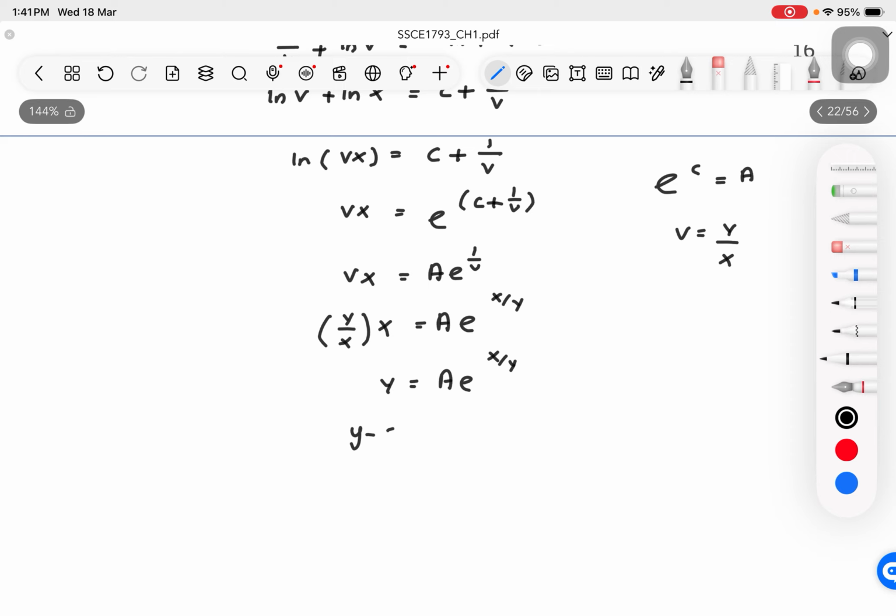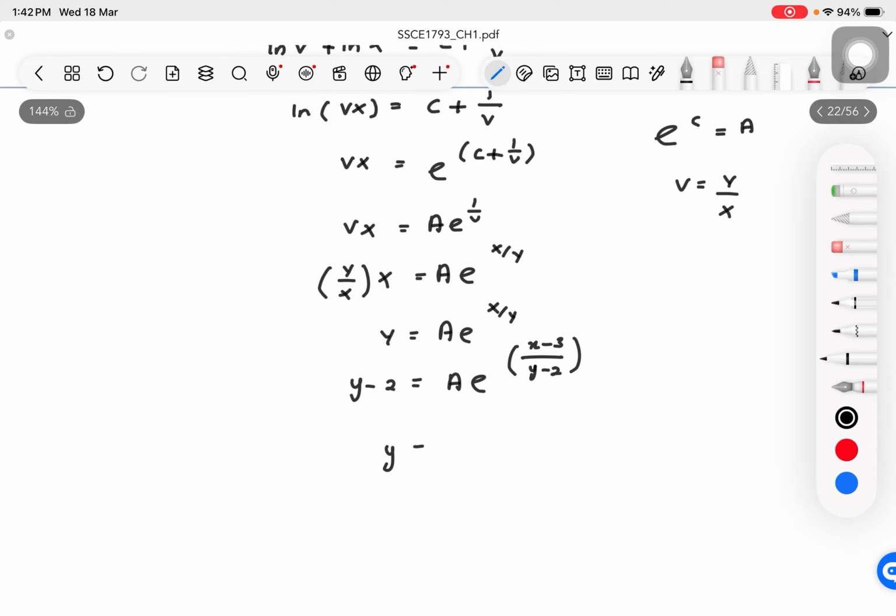So you have y minus 2 is equal to A, e to the power of y minus 2. Okay, so make y as your subject. So y minus 2, so plus with 2. So this is your final answer, right? So this is your answer.